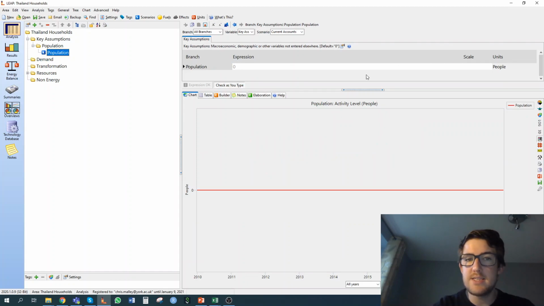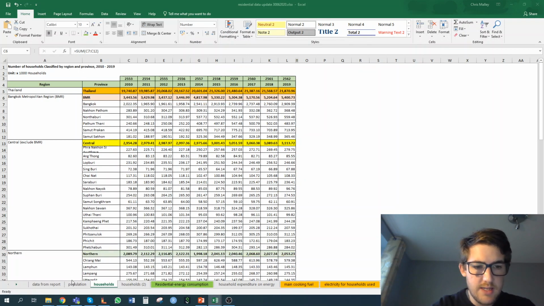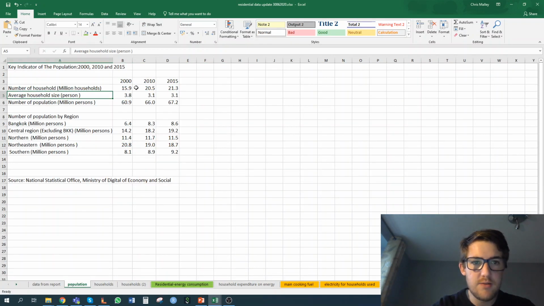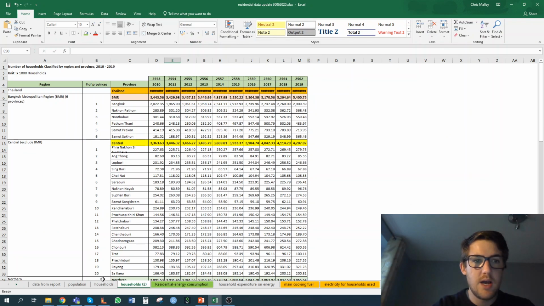Okay, so now I can enter in a population. We've got the total population for 2000, 2010, 2015. If you have it available, I think it should be available for these years in between. We can add those.